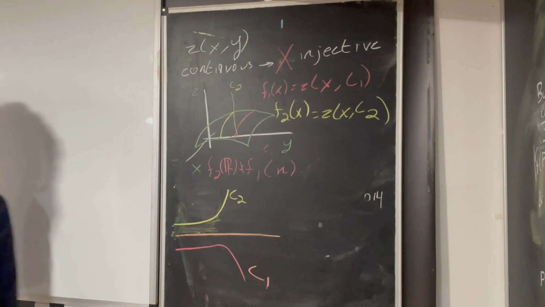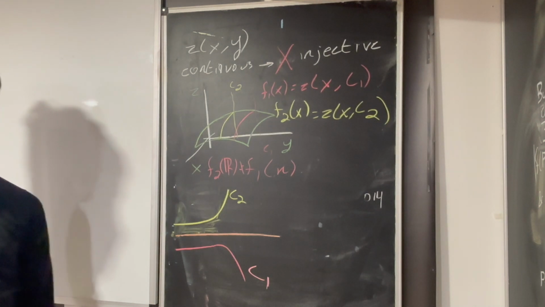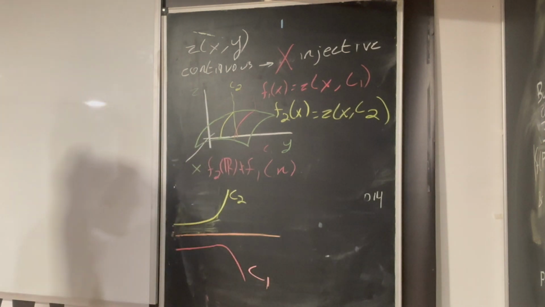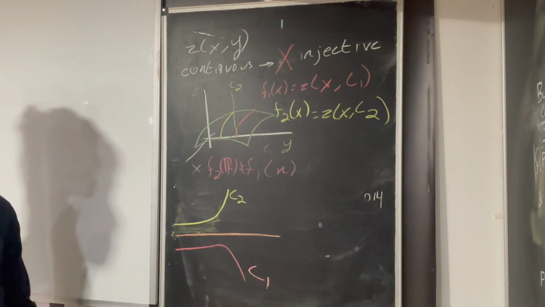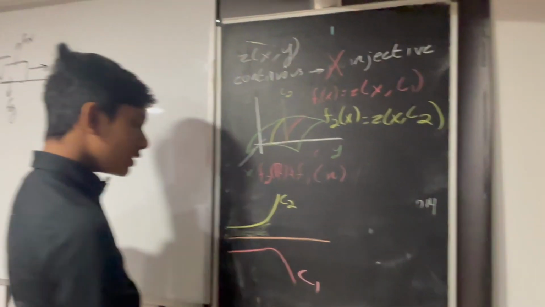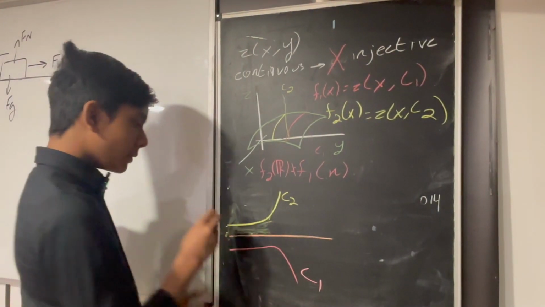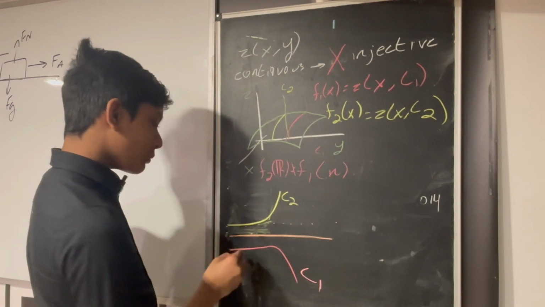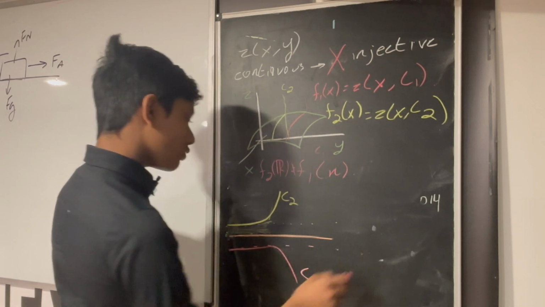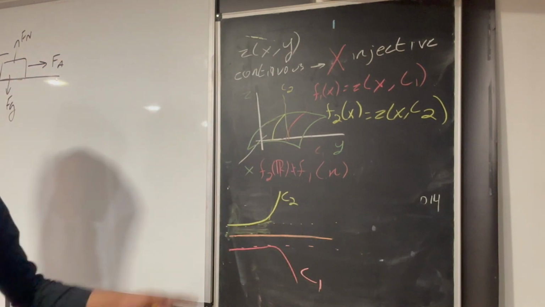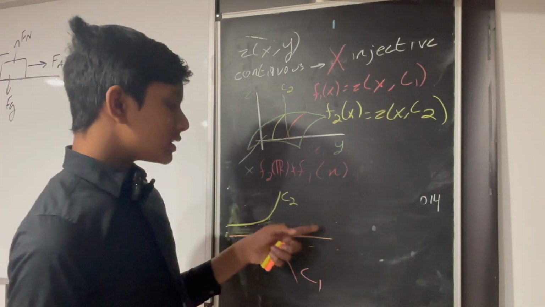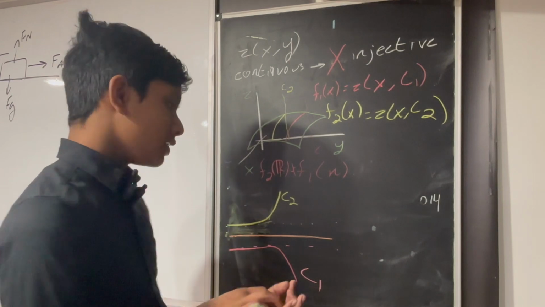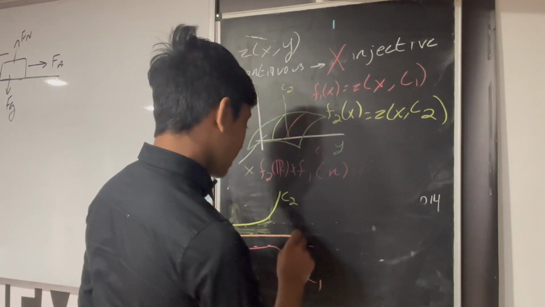Now, in order to not infringe on anyone's territory, it has to be constant, just a line with zero slope. Why? Because this is going to be the minimum of C2. Nobody can go above this line. This is going to be the maximum of F1. Nobody's going to go above this line. So it cannot increase because at some point it's going to hit the ceiling and then it's going to have to stagnate anyway. So it might look a little something like this.